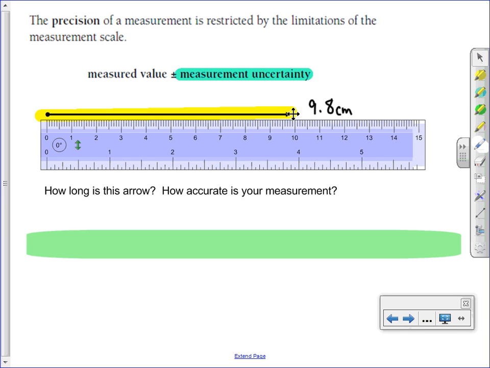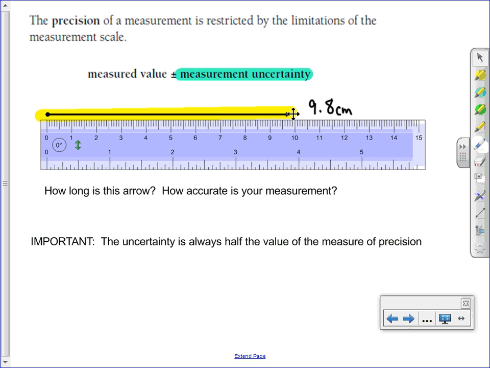So what we're going to be doing when we list our measurements is, when we want to talk about the uncertainty, we are always going to cut the uncertainty in half. So in this case, we can measure to the nearest millimeter. 1 millimeter is 0.1 centimeters. And if we cut that in half, divide that by 2, that's 0.05 centimeters.